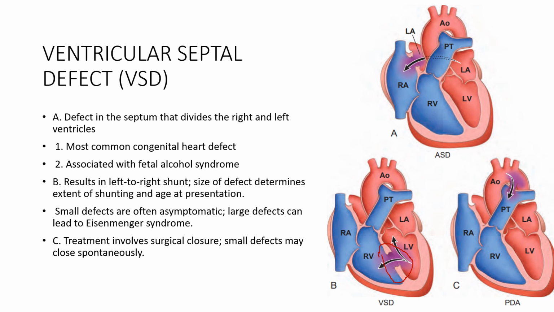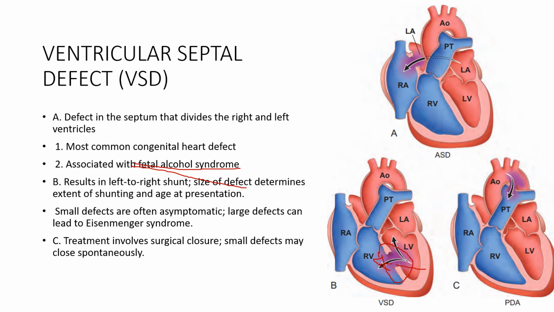So what will eventually happen is that the blood from the left ventricle will go into the right ventricle, causing the Eisenmenger syndrome. It is the most common congenital heart defect, and it is associated with fetal alcohol syndrome. This is very important, guys. Fetal alcohol syndrome. It results in a left to right shunt.